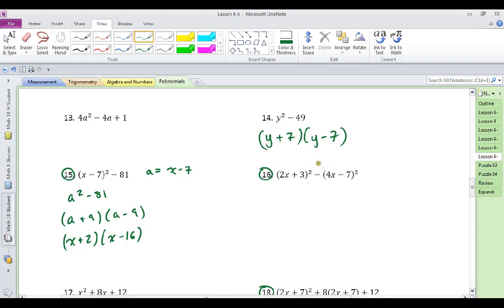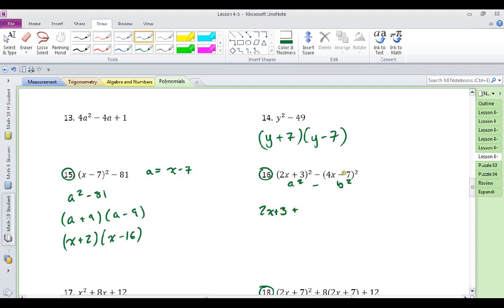Can you substitute? Can you say that's A and that's B? So that's A squared minus B squared, isn't it? What's the square root of A squared? It's just A, right? So this must be 2x plus 3, because that's the square root.